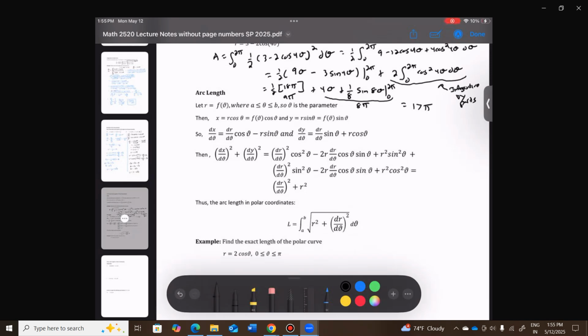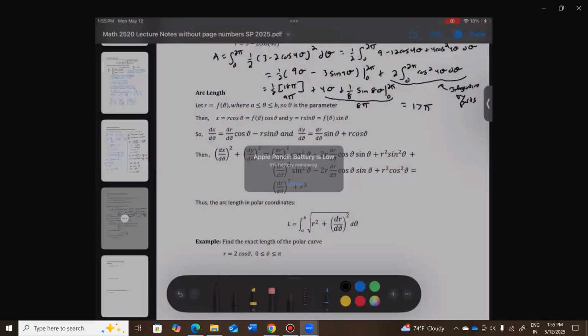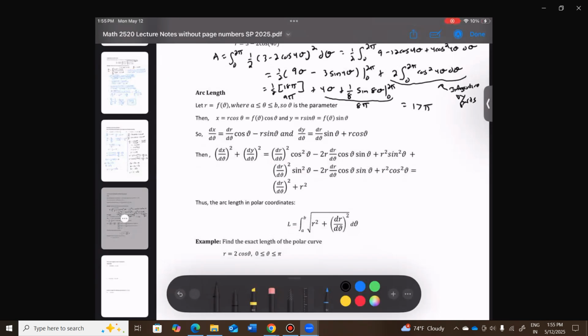And then when we take the derivative, we'll have dx d theta equals dr d theta cosine theta minus r sine theta. Again, that's going to be from a product rule. And for dy d theta, we have dr d theta sine theta plus r cosine theta.